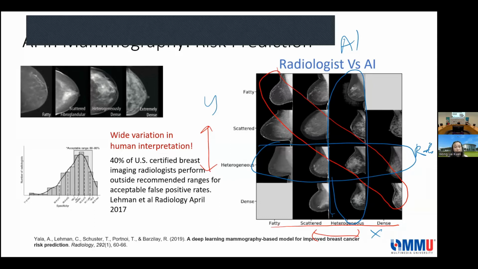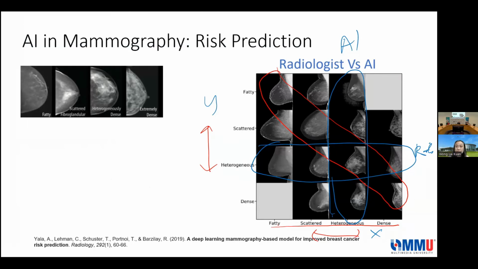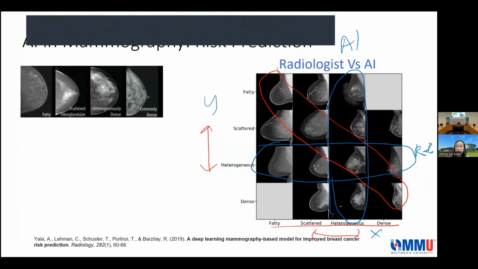So from here, what they observe is that for certain tasks, the AI can do better than radiologists in some areas, because it is more consistent. You can see that from our eyes, or maybe the radiologist knows better.